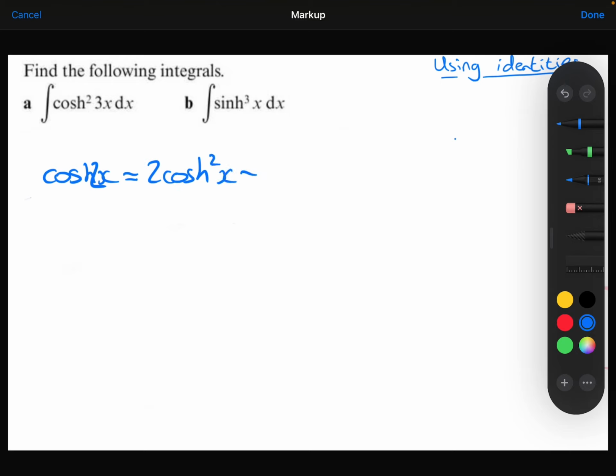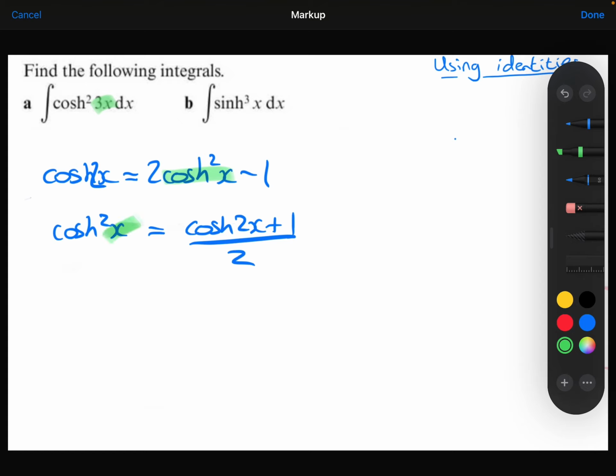So I can then rearrange this to make cosh squared the subject. So I will have cosh squared x is equal to cosh 2x plus 1 all divided by 2. But obviously here I've got a 3x on the inside here, not an x. So I need this to be 3x.